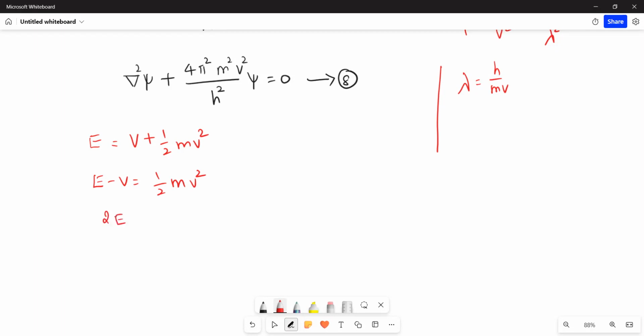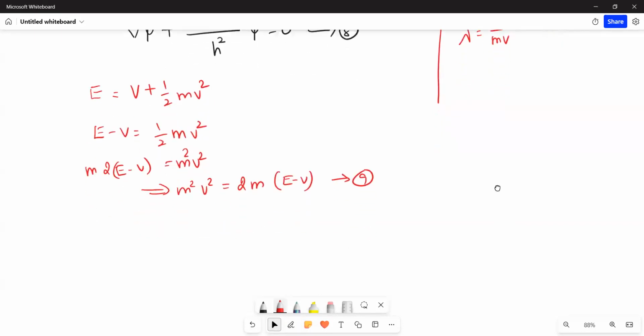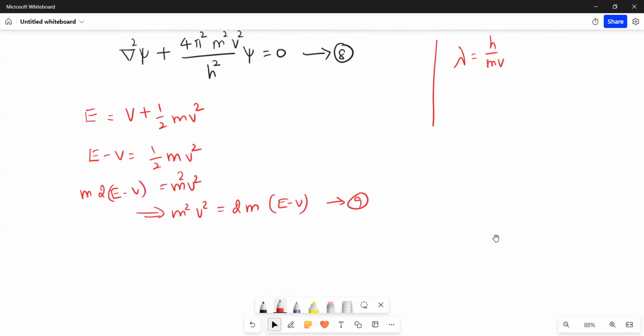So 2 times of E minus V equivalent to m v square. Again, if you put m on both sides, it becomes this one. So from this, m square v square equivalent to 2m times E minus V. That's all. So now I have got the m square v square equation. Now you take this m square v square and substitute in the equation number 8. And that same 8th equation becomes again, how it will be told?